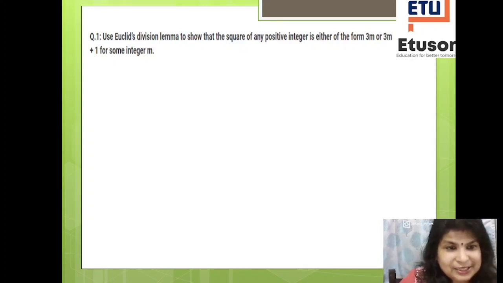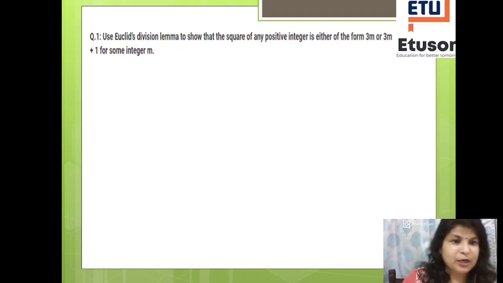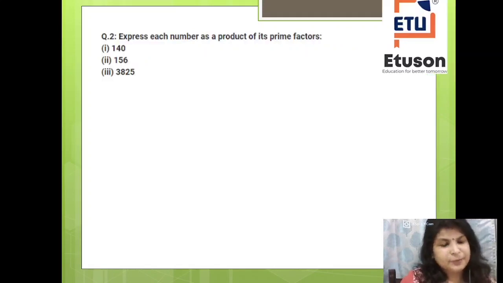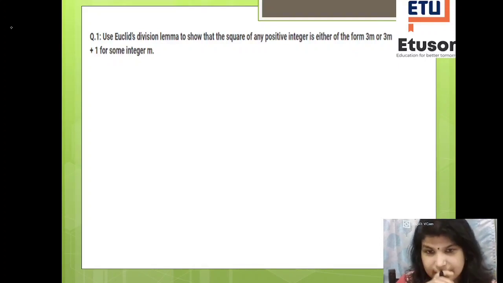Use Euclid's division lemma to show that the square of any positive integer is either of the form 3m or 3m plus 1 for some integer m. Okay, so this is the question. So how to start with? Do you remember Euclid's division algorithm?